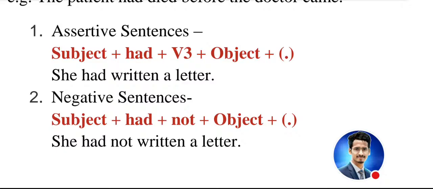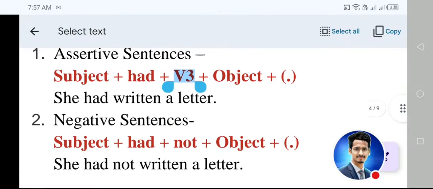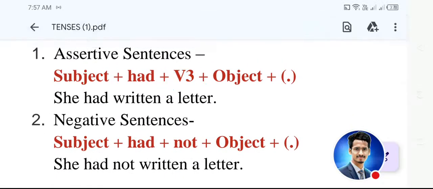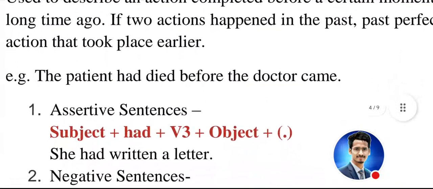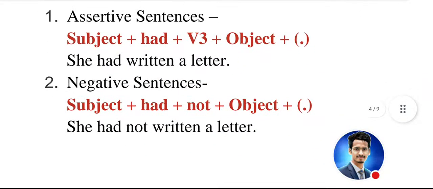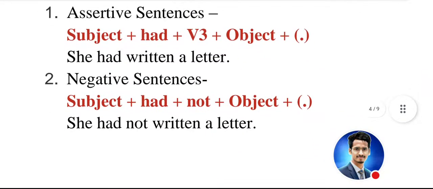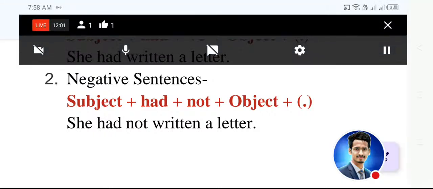And if you see perfect, then you have to think that the verb form must be V3, which is the past participle form. So here V3 for perfect tense. In every perfect tense we will use the past participle form of the verb. It is clear. Okay, so my voice is clear.